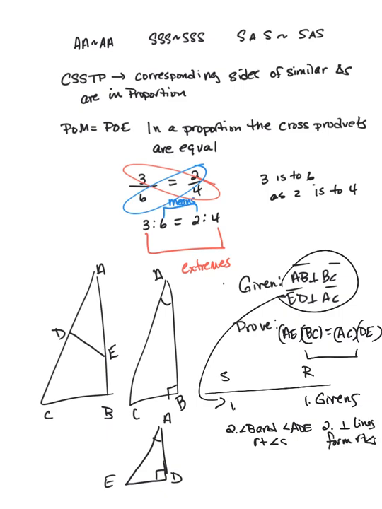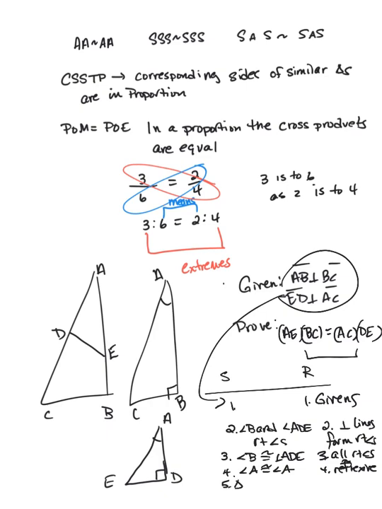And then after that, we had proven that those angles were congruent, because all right angles are congruent. Then we did reflexive. We said angle A was congruent to angle A, reflexive. And then we had the two triangles similar.